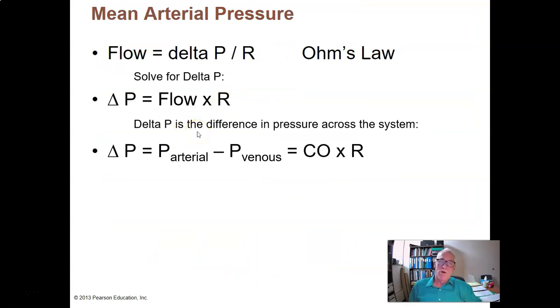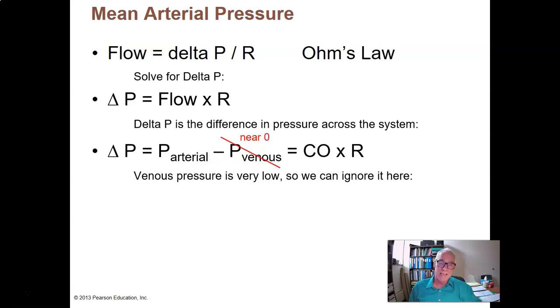So now we can say, well, the venous pressure is so low, we can just ignore it, right? If arterial pressure is 120 millimeters of mercury, or the average, 93, and the venous pressure is 0 or 2 millimeters of mercury, we'll ignore it. We're just going to make this equation a little simpler.